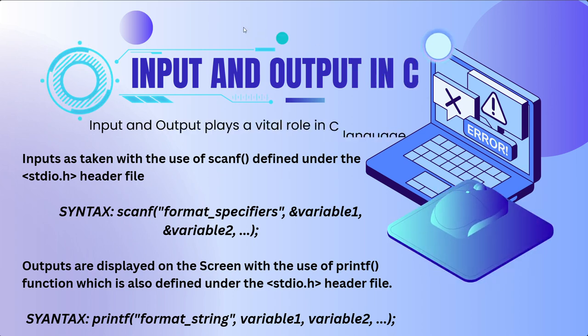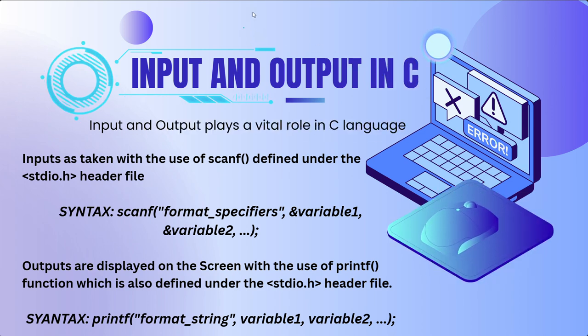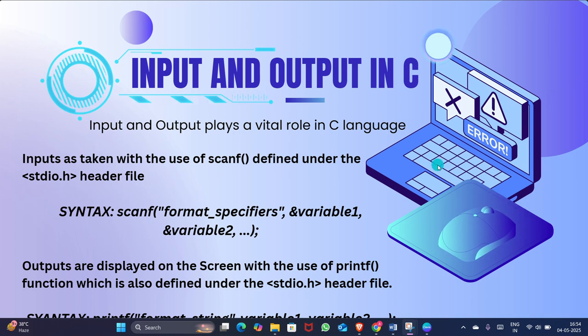we have input and output in C. Now coming to input and output in C language. What is input and what is output? Input is something which you get from the user, or the user enters a value that is taken as input. Output is something which is shown on the display screen or the console screen, the monitor.